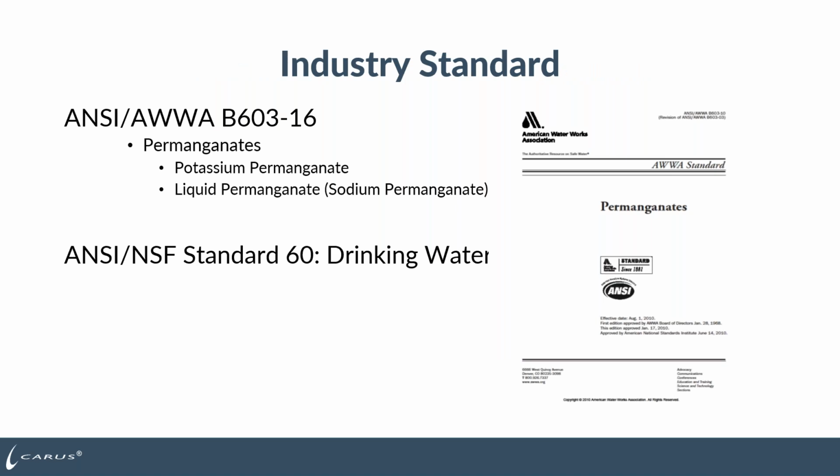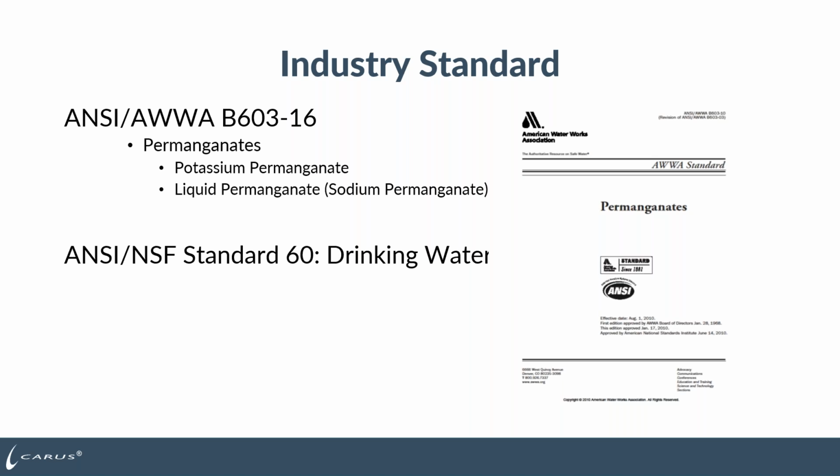Now, there are a couple industry standards that you want to be aware of. When you're adding permanganate to drinking water for any application, you really want to ensure that the product meets 2 standards. There's the ANSI AWWA B603 standard, which lists both permanganate as potassium permanganate and liquid permanganate as sodium permanganate, and has standards you want to ensure that the product meets before you apply it to your drinking water.